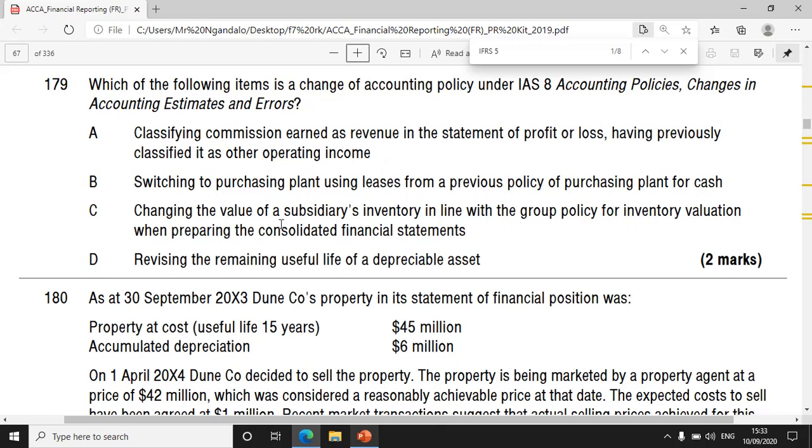B says switching to purchasing plant using leases from the previous policy of purchasing plant for cash. Of course, that falls under IFRS 16. C, changing the value of subsidiary inventory in line with group policy of inventory valuation when preparing the consolidated financial statements. Again, that falls under basic group. And then lastly, revising the remaining useful life of a depreciable asset. Okay, so that falls under estimates.